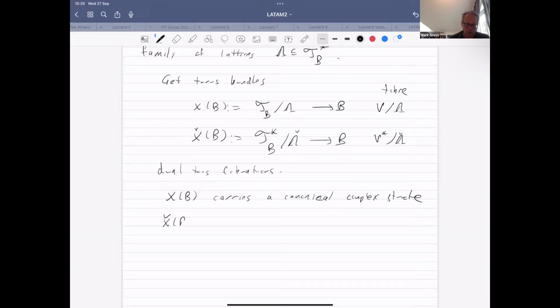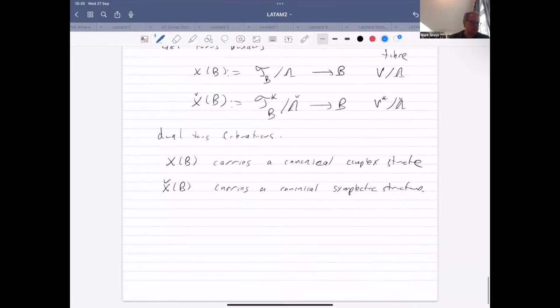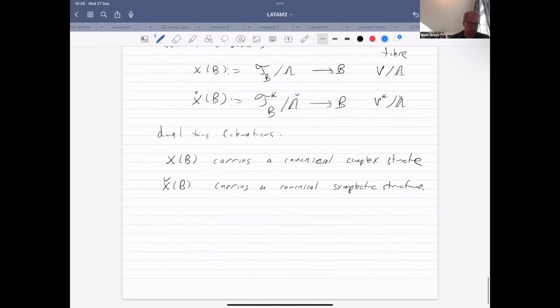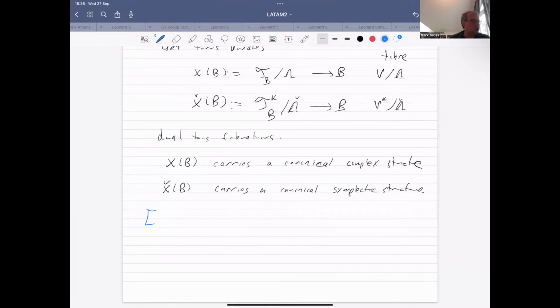And X check of B carries a canonical symplectic structure. So how does that work? Well, easy enough to describe this locally.